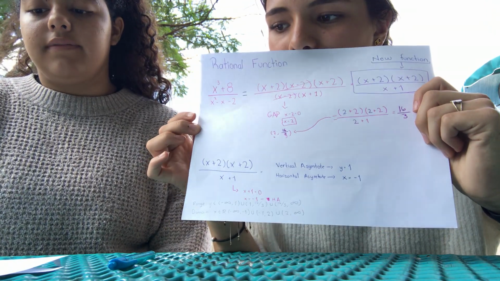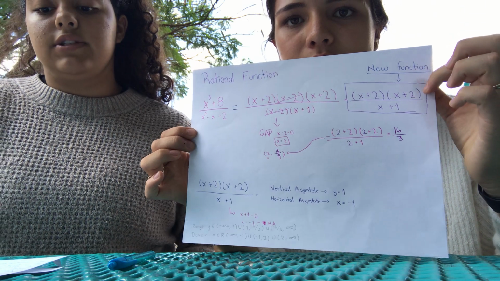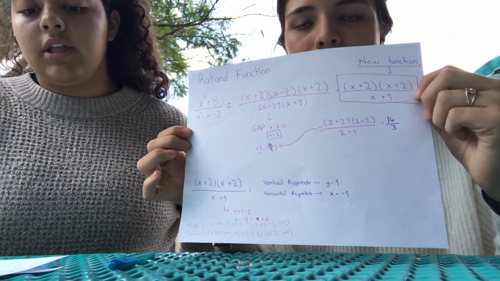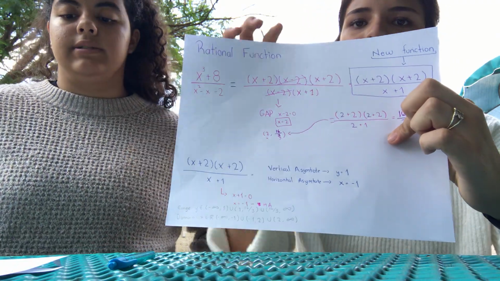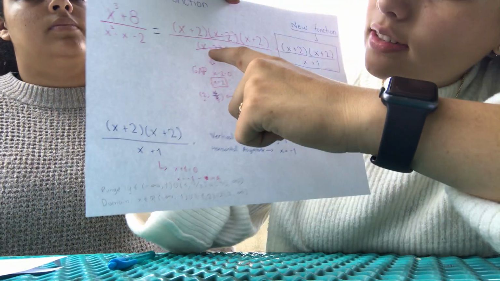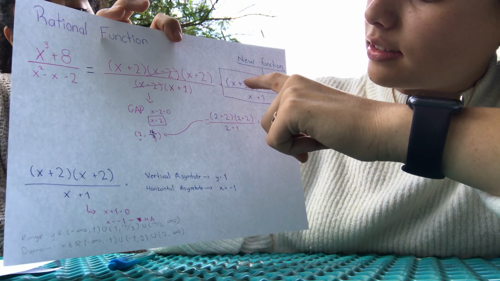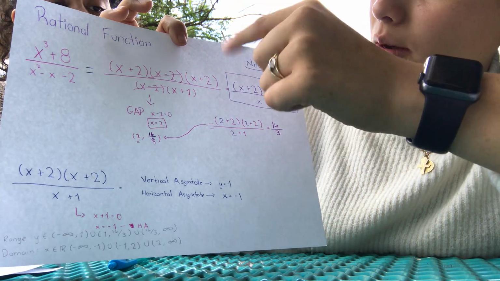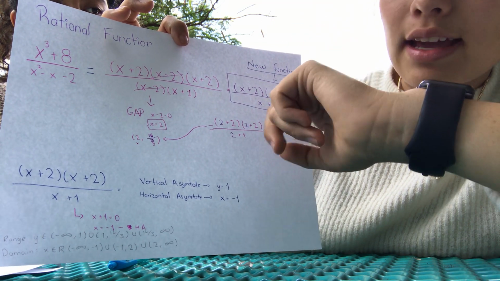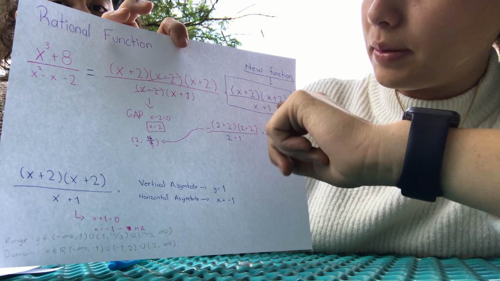After that, we have the new function in which we will substitute the value of x for 2 in order to find the y coordinate to complete the gap coordinate. After we cancel this, we had the new function, which was x plus 2 multiplied by x plus 2, and then divided by x plus 1.